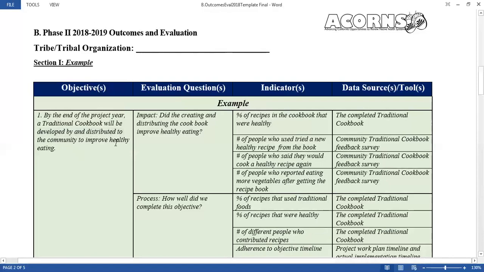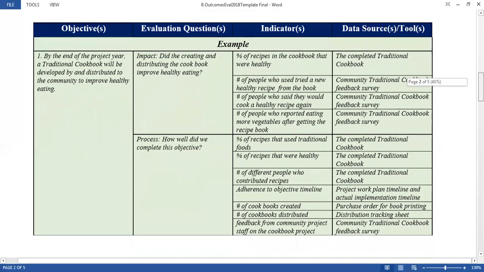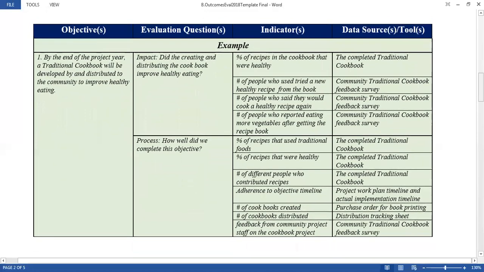And again, that's why using those detailed objectives is really important to help you understand if you're accomplishing what you set out to accomplish. So other indicators are adherence to the objective timeline. So you would use your work plan and decide if you followed the timeline that you outlined, the number of cookbooks created, the number of cookbooks distributed, because we said we wanted to create them and distribute them.